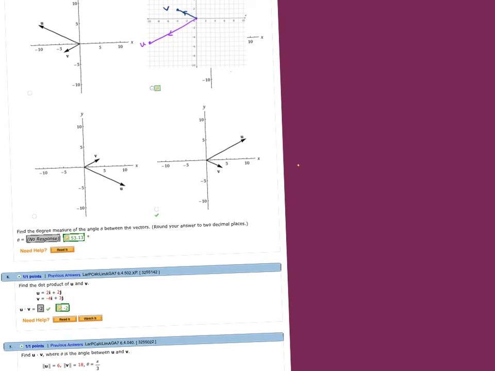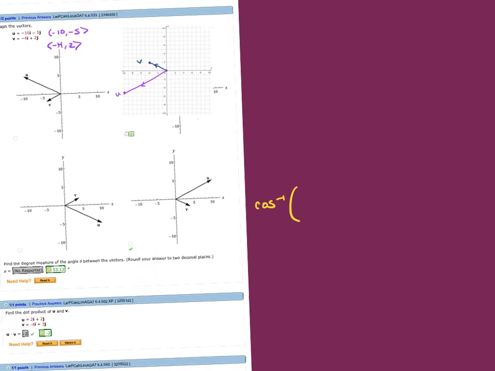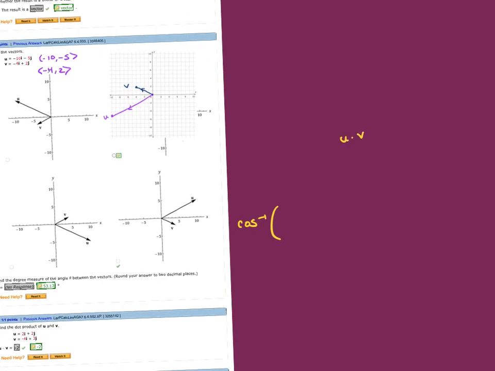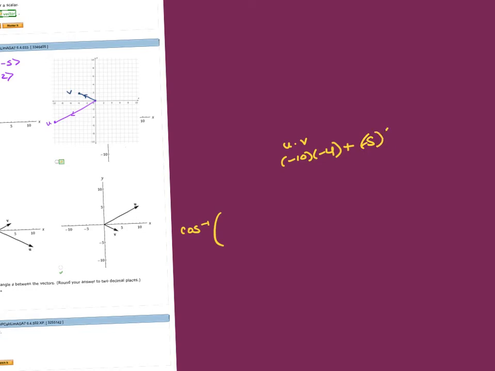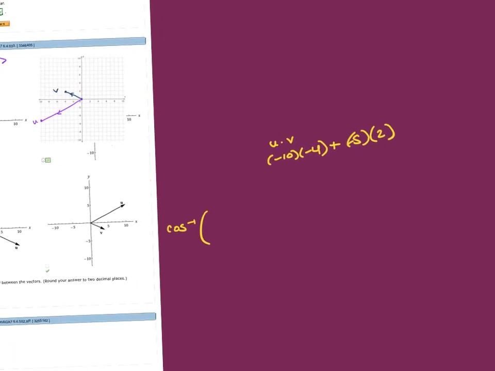So it'd be cosine inverse. U dot v is negative 10 times negative 4 plus negative 5 times 2. So I get 40 minus 10, that's 30. That's the numerator.